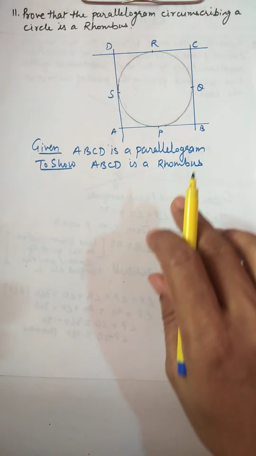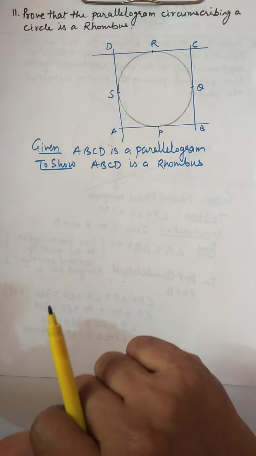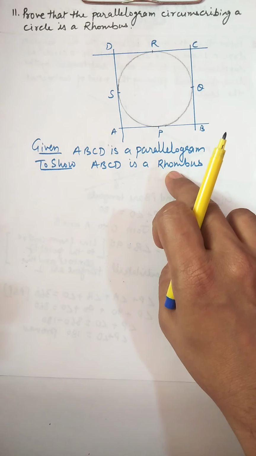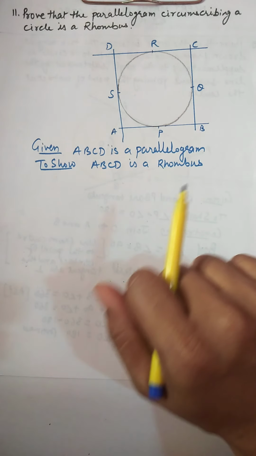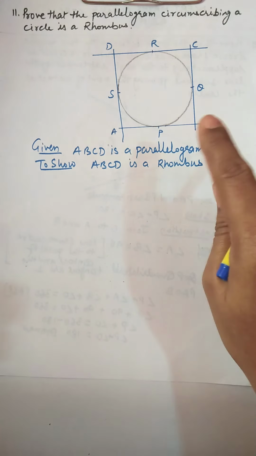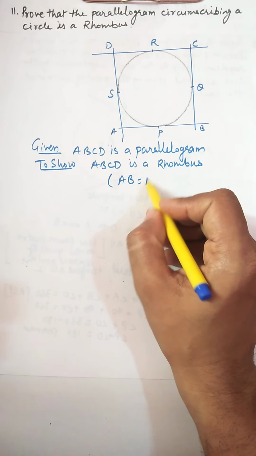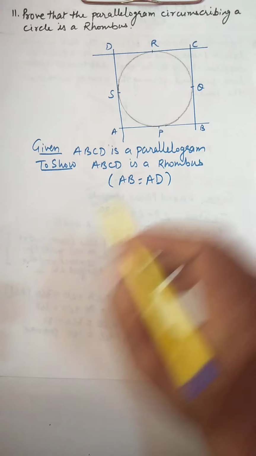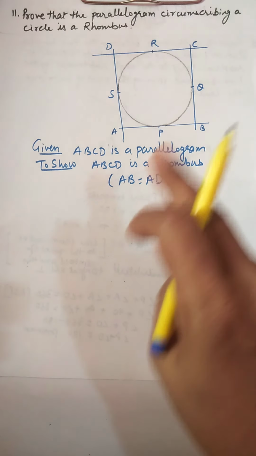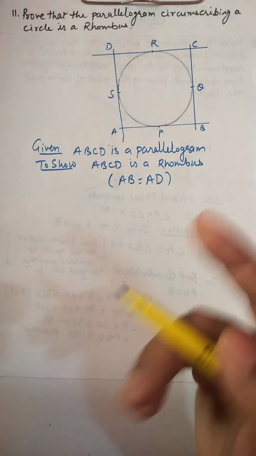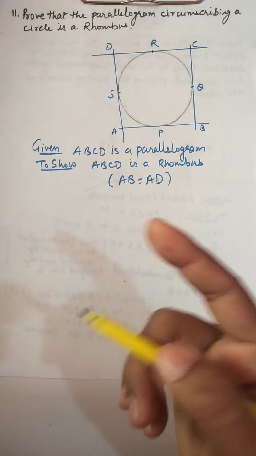Now you should know the difference between a parallelogram and a rhombus. A rhombus is actually a parallelogram in which all sides are equal, and in a parallelogram opposite sides are already equal. If I am able to show that AB and AD are equal, then I'll be able to show that ABCD is a rhombus. So my target is to show AB equal to AD.